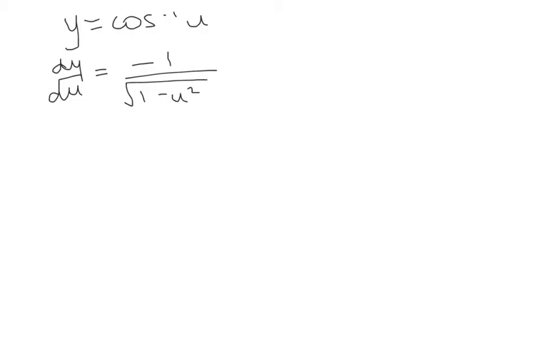So dy du, just remember the formula, negative 1 over the square root of 1 minus u squared. u was a quotient, 2x subtract 1 over 3x subtract 2.